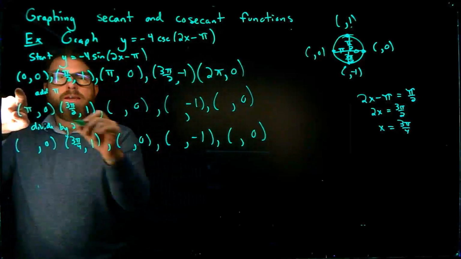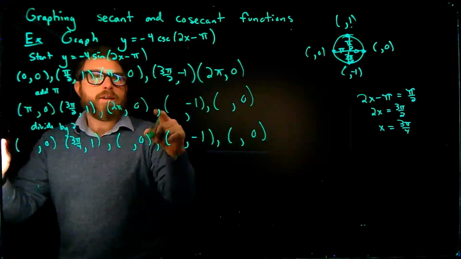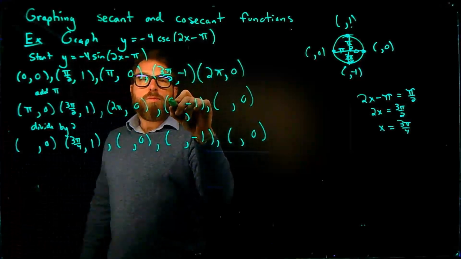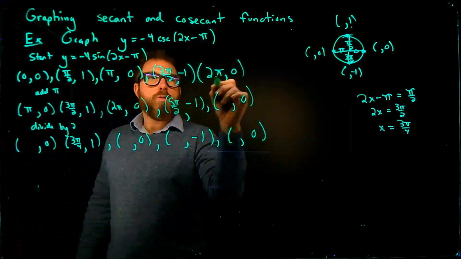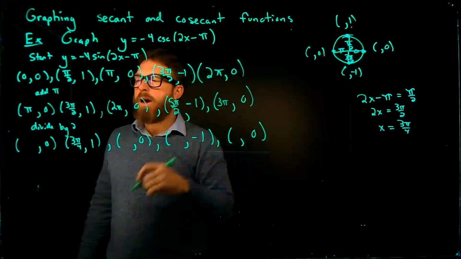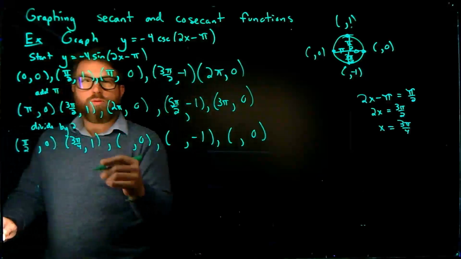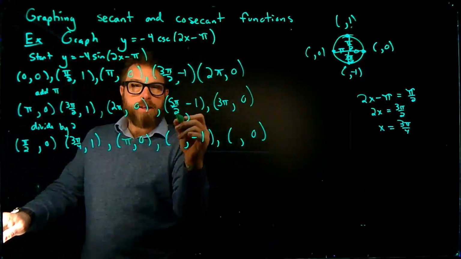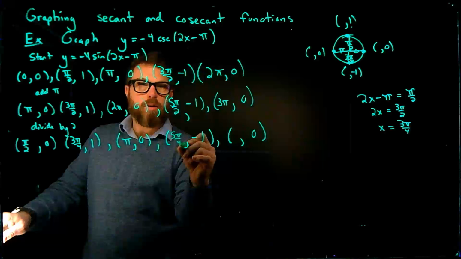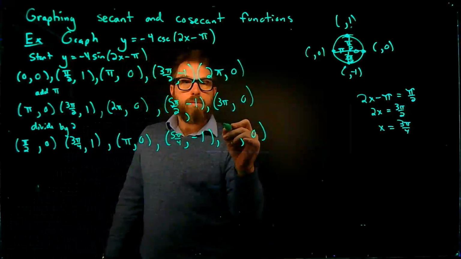So adding pi here, 2 pi over 2 plus 3 pi over 2 is 5 pi over 2, and then adding pi is going to be 3 pi. Then I have to divide everything by 2, so this will become pi over 2, 3 pi over 4, this will become pi, divide that by 2, 5 pi over 4, divide this by 2 is going to be 3 pi over 2.